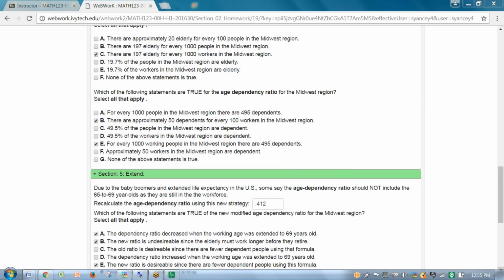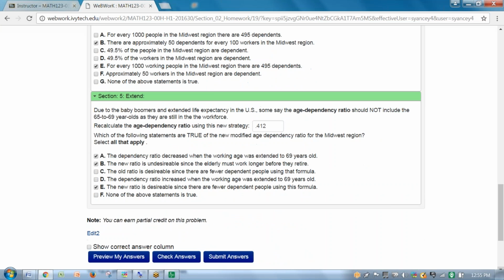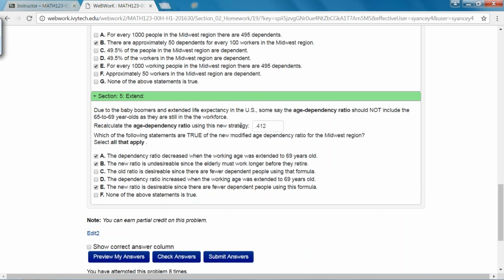Okay, now it's asking you, what if those ratios changed? We kind of mentioned this before, this is happening with our Social Security. They are changing it to this. 65 to 69 become workers. They're taking them out of the age dependence.